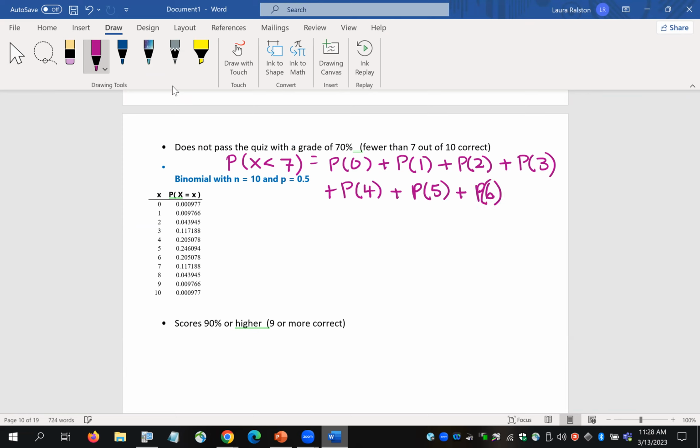Again, you do not include the 7. So you go from 0 to 6.